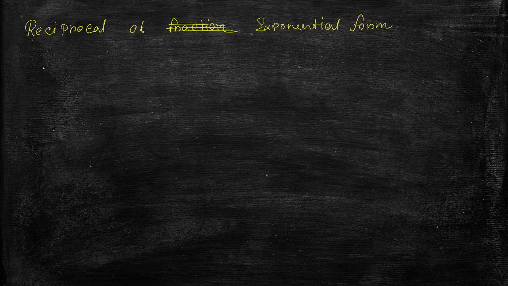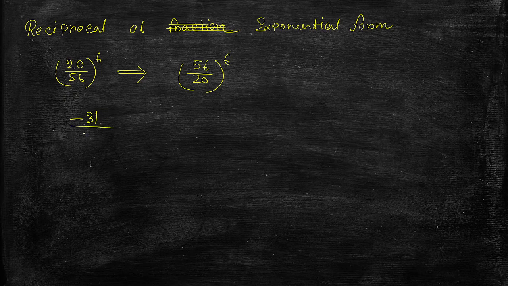Suppose something is written as 20 by 56 to the power 6, and this reciprocal will be what? The reciprocal will be 56 by 20 to the power 6. Now, interesting for negative: minus 31 by 72 to the power 4.